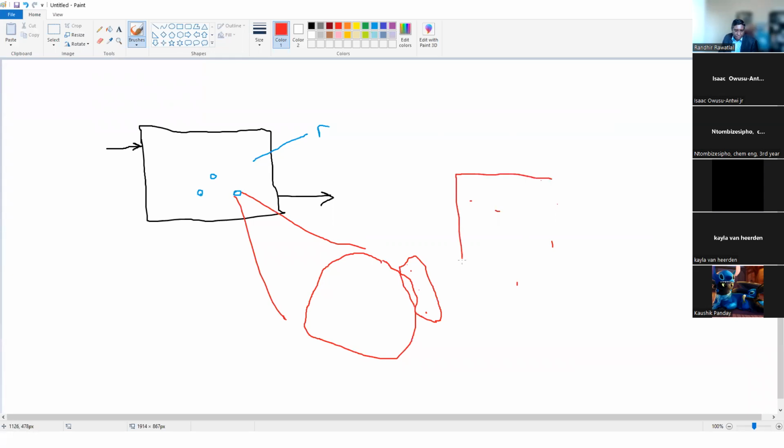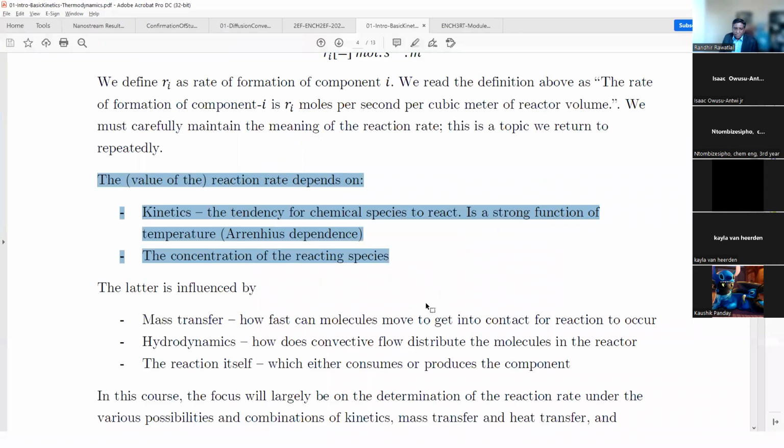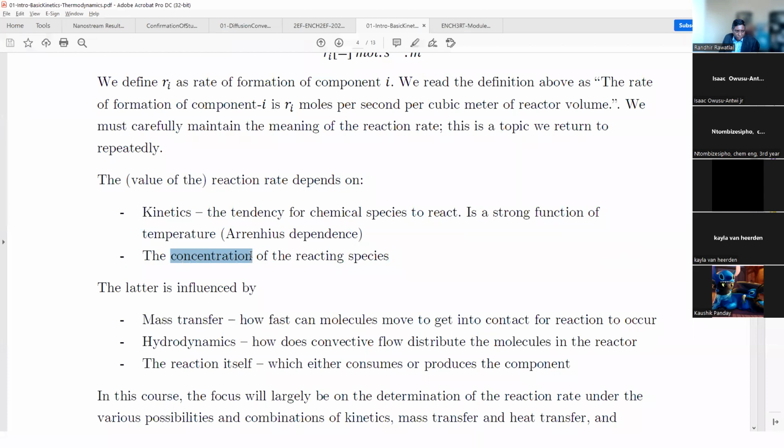So even if I measure the concentration in the bulk and get some value there, that doesn't matter, right? The concentration in the bulk fluid is not what's driving the reaction rate. If the reaction is on the particle, then this concentration is what will determine the rate. And so that's why we say mass transfer becomes an issue, right? Because the reaction rate depends on the concentration, mass transfer is an issue for us.